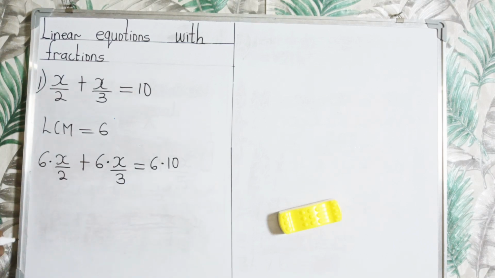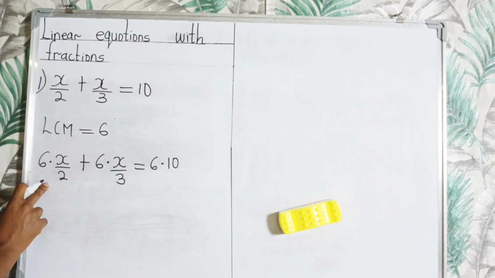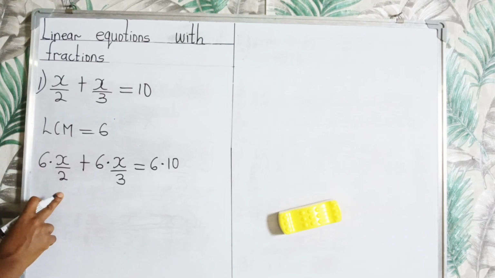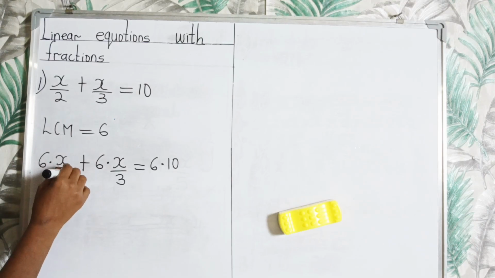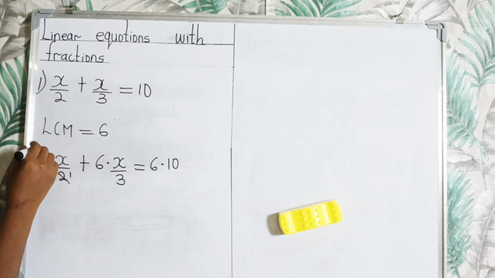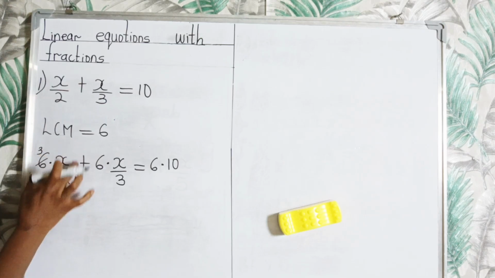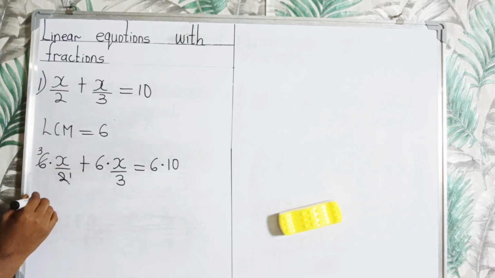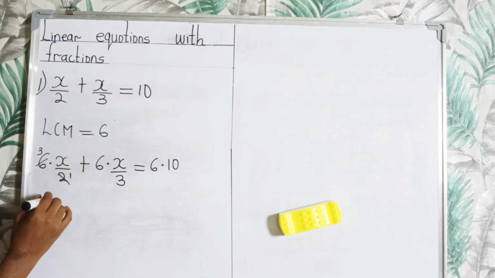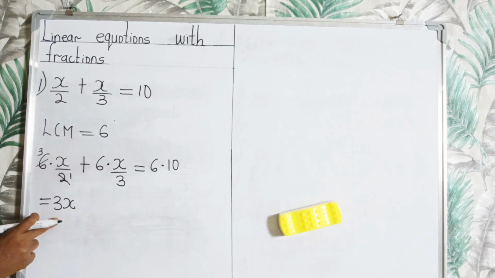Now, looking at this, 6 is divisible by 2, so 2 will divide itself 1, 2 will divide 6, 3. So for this part of the equation, we have 3x. 3 times x is 3x.